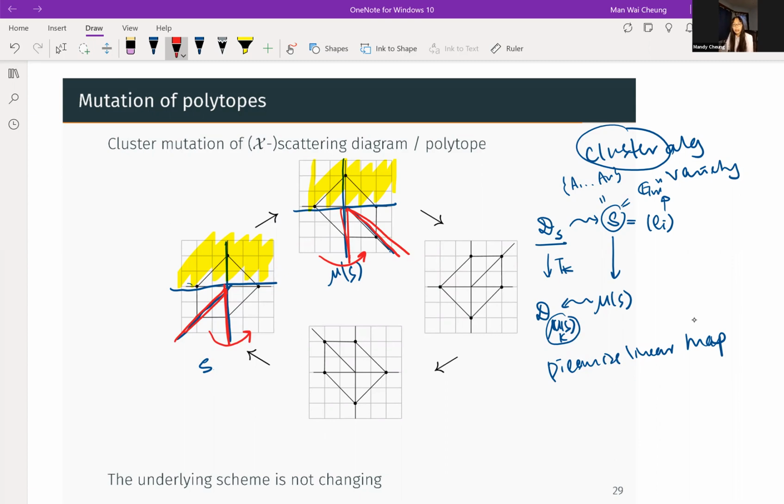So this is how we have wall crossing or mutation of the scattering diagram. And if we start with this positive polytope on this scattering diagram, you can see it mutates accordingly under this piecewise linear transformation as well. So you can see we do obtain some mutation of the polytope according to the mutation of the seed or mutation of the scattering diagram structure.